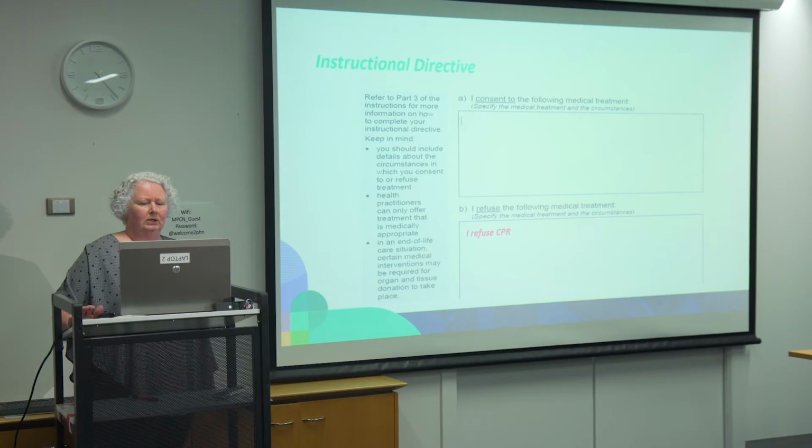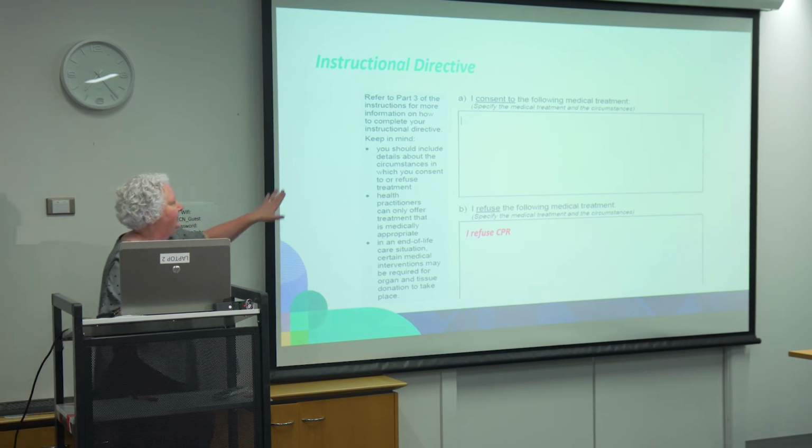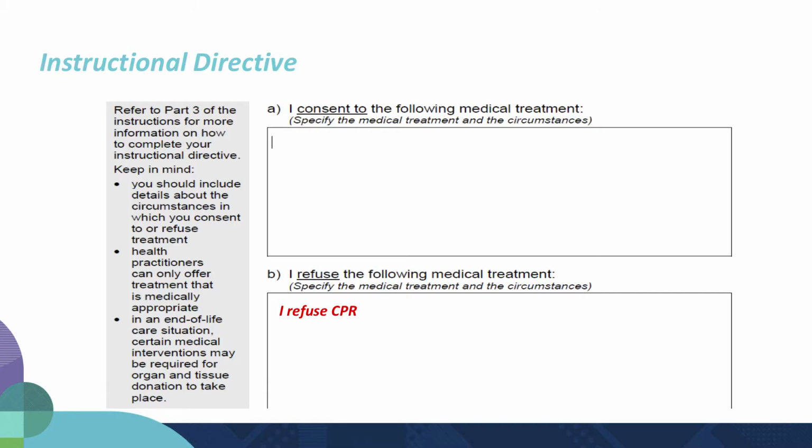And as I said, if there isn't a written document, then the medical treatment decision maker is asked to reflect on the values, beliefs and preferences that the person has expressed in their life. So you can complete either document or you can complete both. So the instructional directive is, you know, that very specific, I consent to the following treatment and I refuse the following treatment.